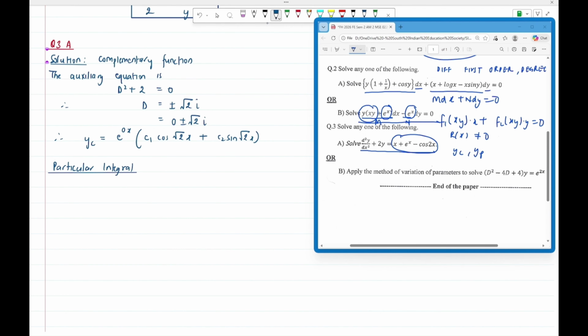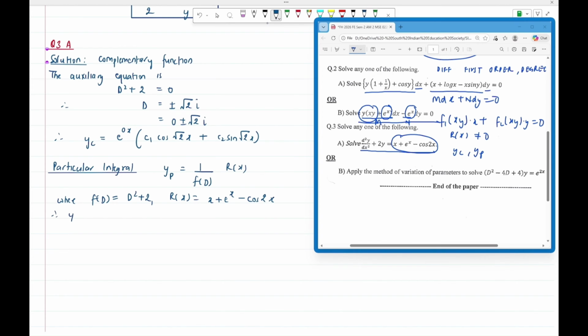Now the particular integral is given as yp is equal to 1 upon f of d into r of x, where f of d is the auxiliary equation, so that's going to be d square plus 2, and r of x is the right side, which is x plus e raised to x minus cos of 2x.